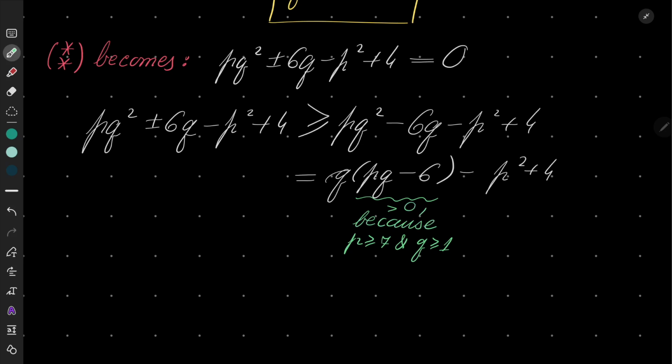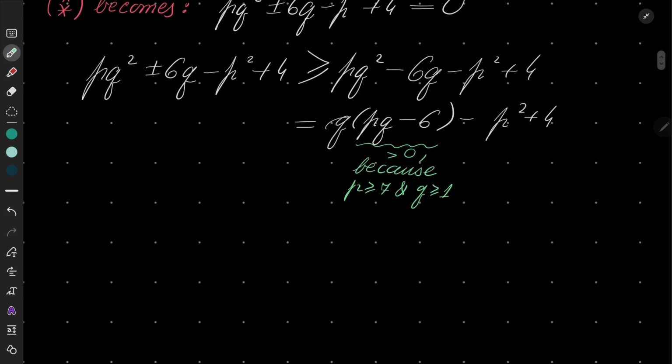Okay, and now let's notice that we have a quadratic function which is already positive, so it must be increasing. It's increasing, so the bigger the q, the bigger the entire expression.